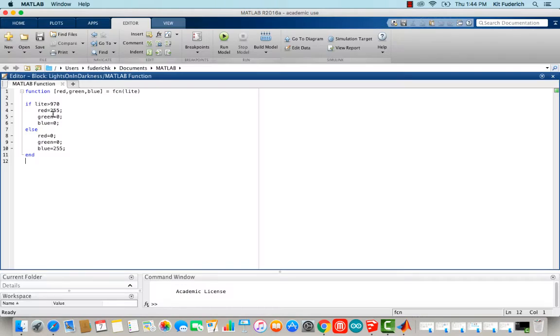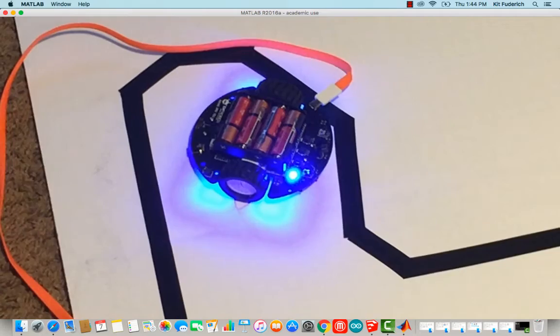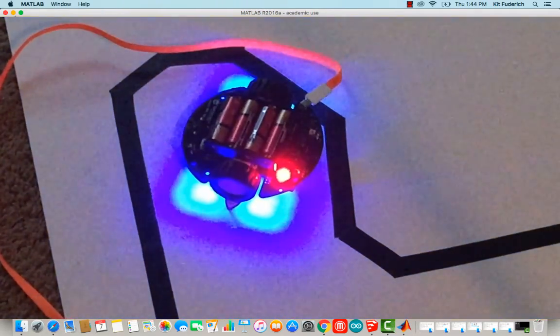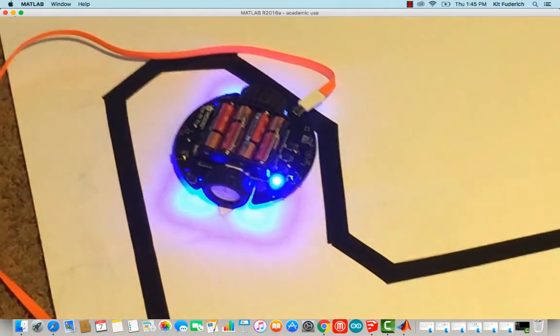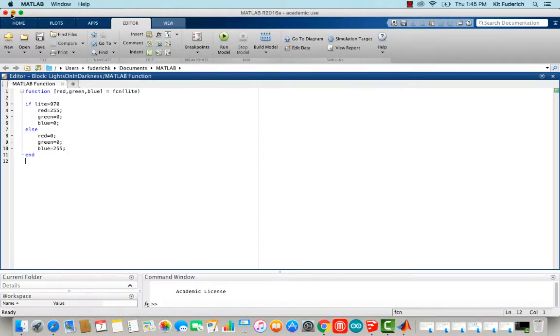Else, blue will output the highest value. So given the light in the room, your Mini-Q robot will shift between showing a red color or a blue color. That's exactly what this code expresses.